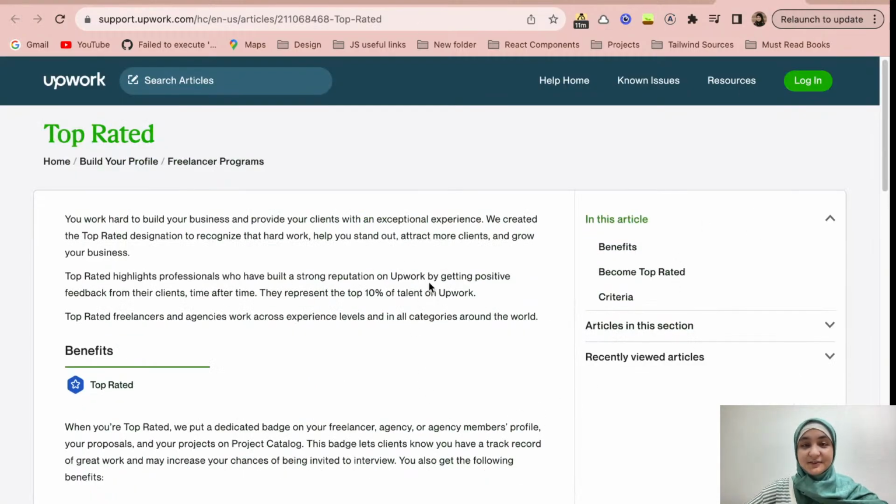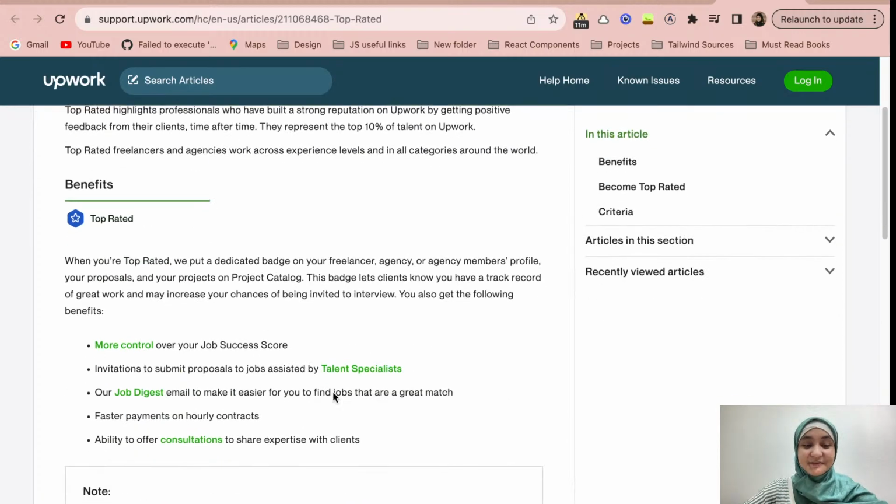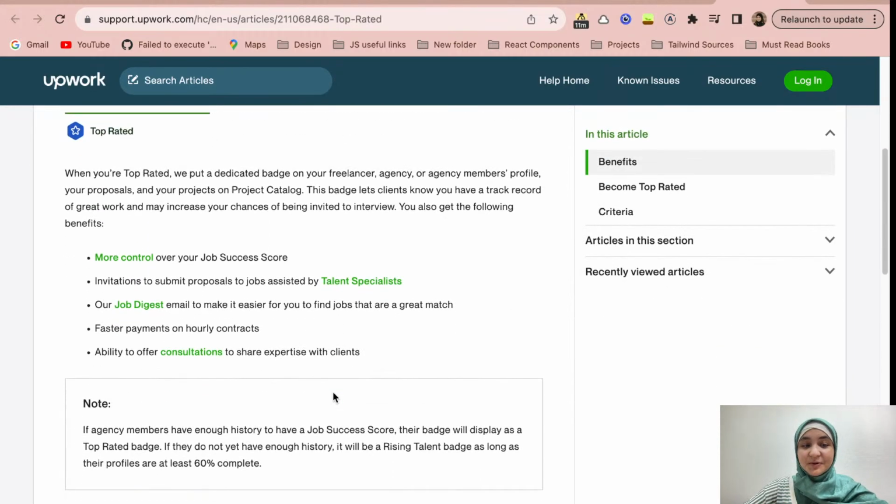Okay, let's talk about top rated: how to get it, and what the advantages and disadvantages are. The first thing is you will have more control over your job success score. If you have a top rated badge, it means you are a good developer.